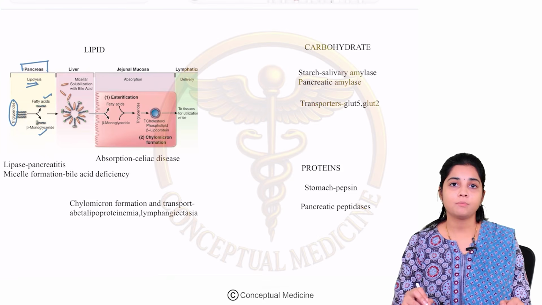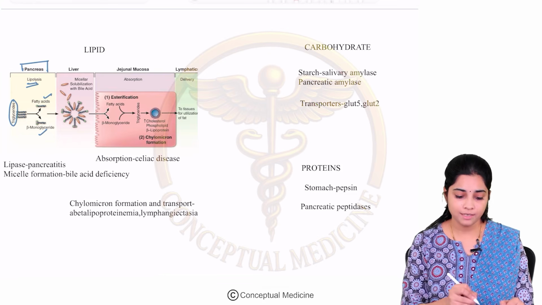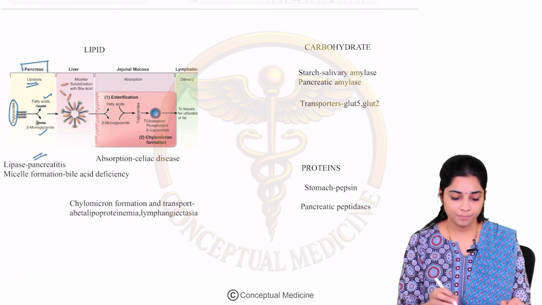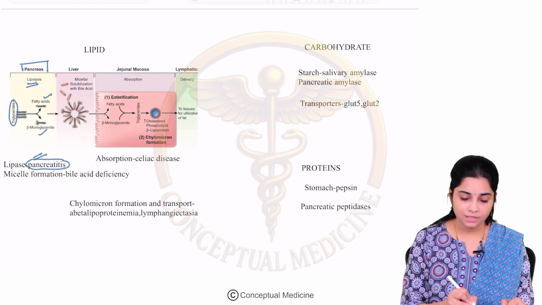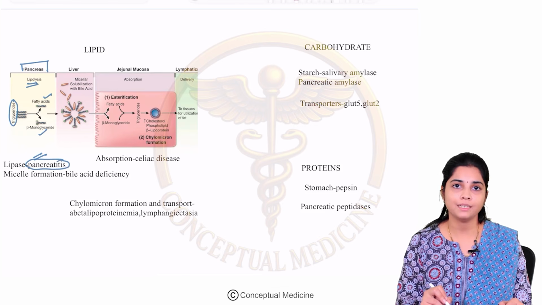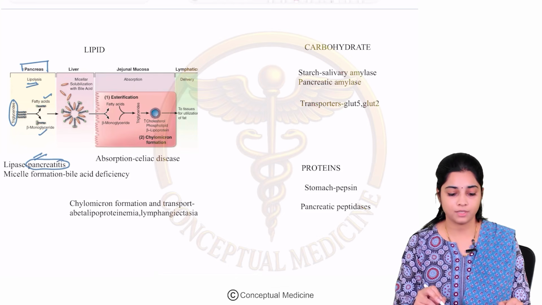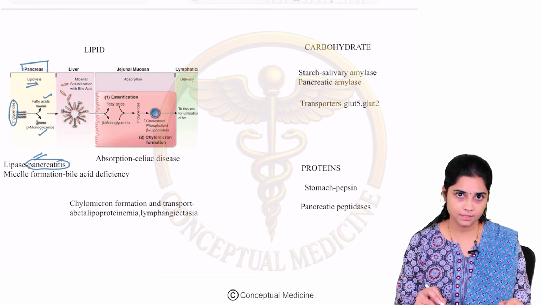So, any problem with your pancreatic lipase can happen when there is pancreatitis, right? Pancreatitis basically causes lipid malabsorption because of the deficiency of pancreatic lipase. So, there is a problem with the lipolysis where triglyceride is broken down into free fatty acids and monoglycerides.